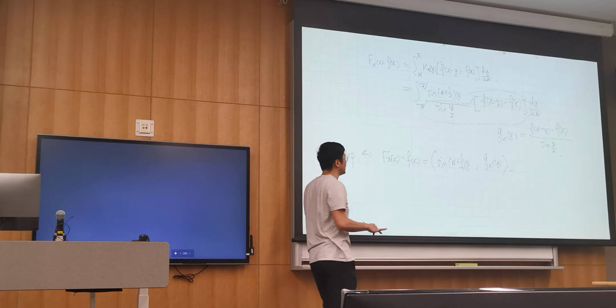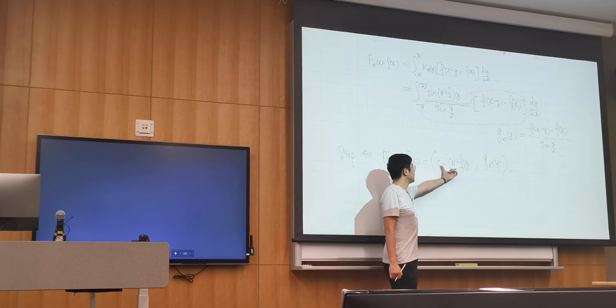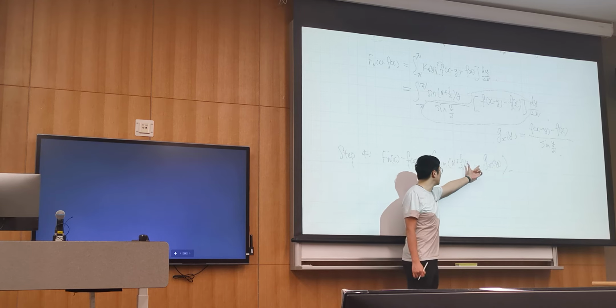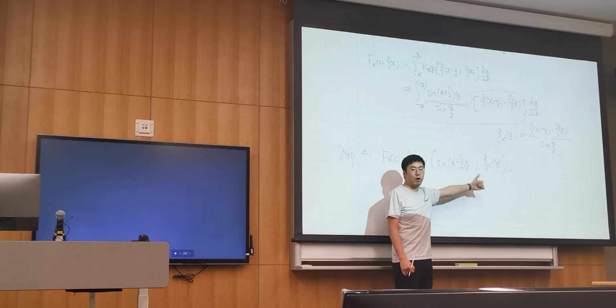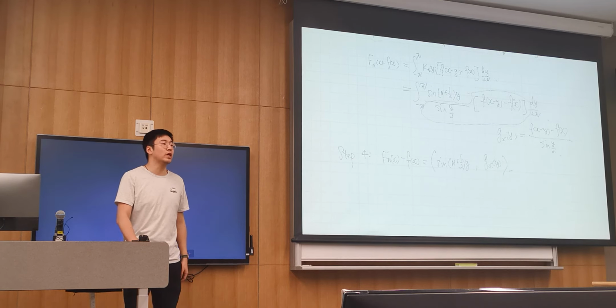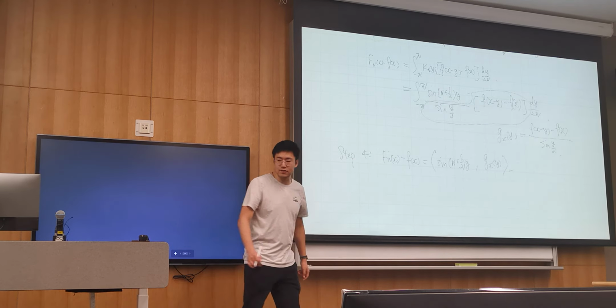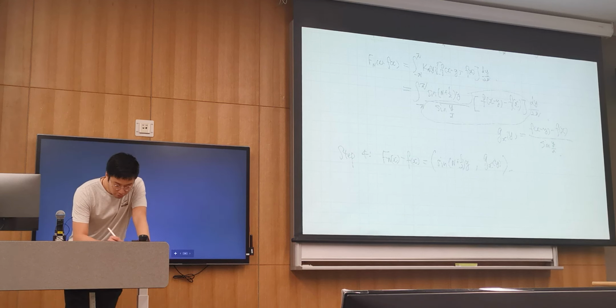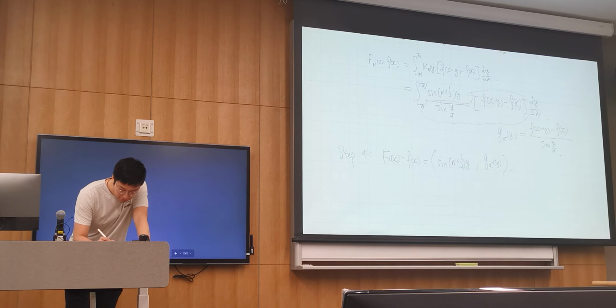Well, this is because, first of all, the right-hand side, the inner product between g(x,y) and sine of (m plus 1/2) y, is exactly the Fourier coefficients.